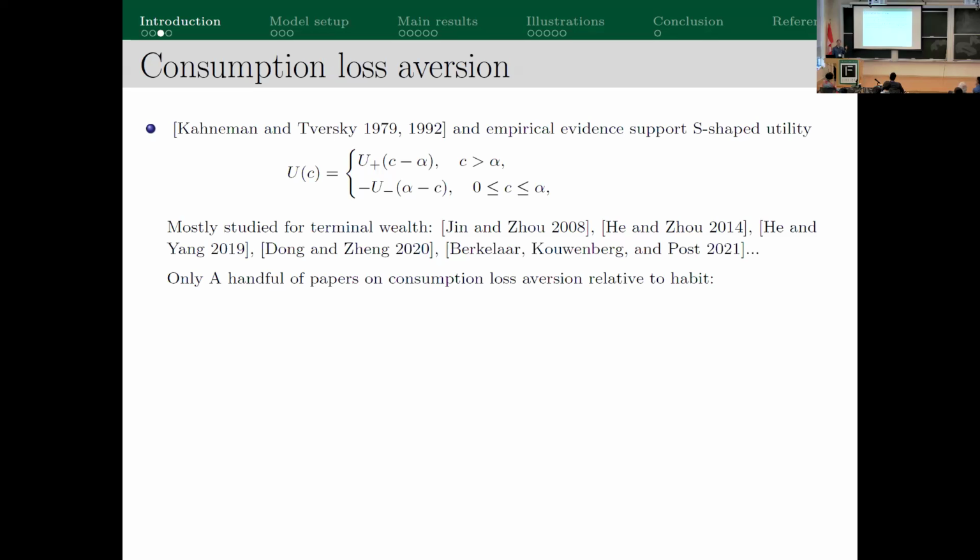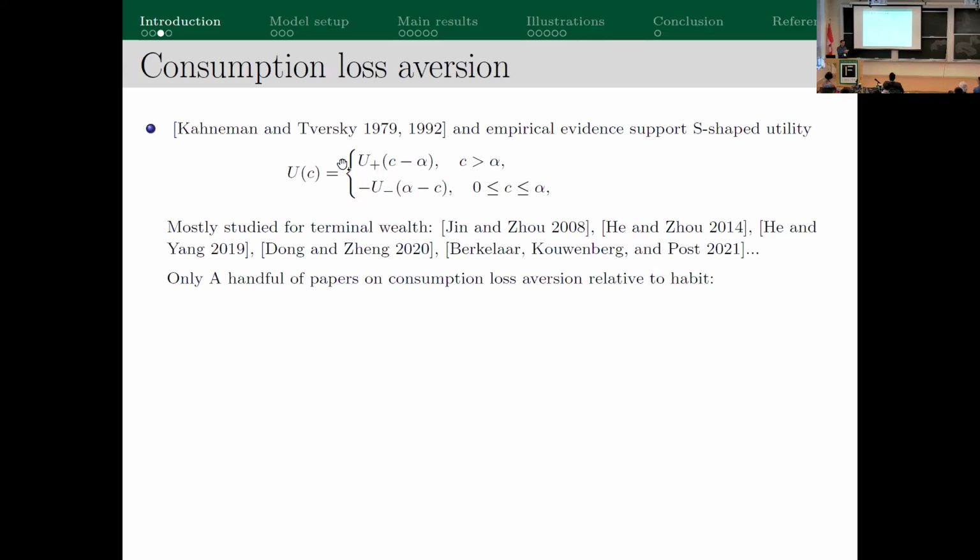If you're below the reference, you should be loss averse, you have a convex utility function. Now, one can say that if you're using a habit formation model where C is consumption and alpha is some reference point, you should also have loss aversion there. This type of loss aversion model has been applied to terminal wealth maximization.